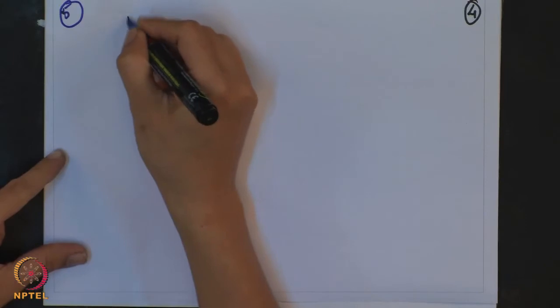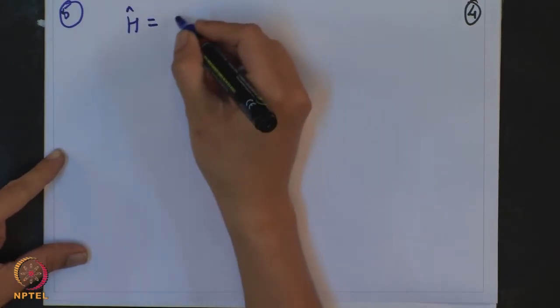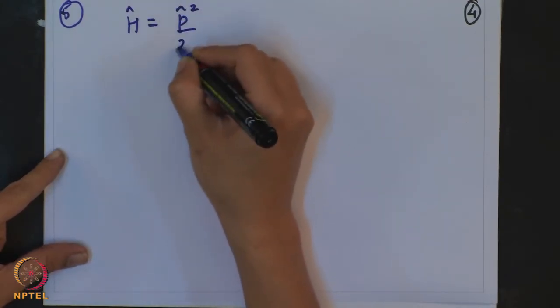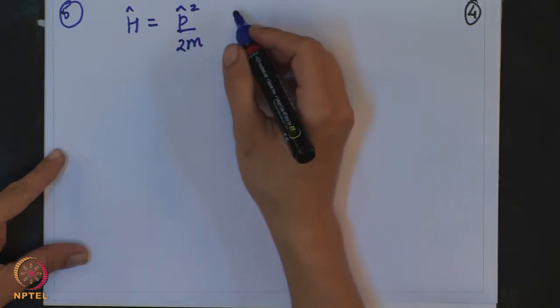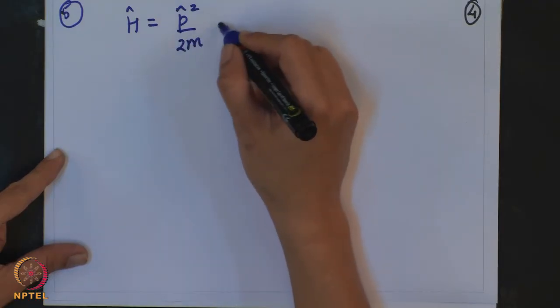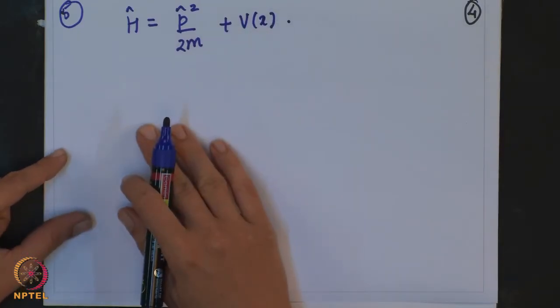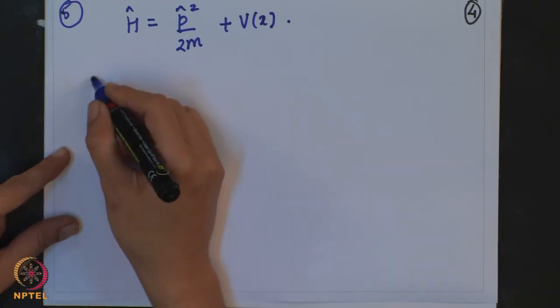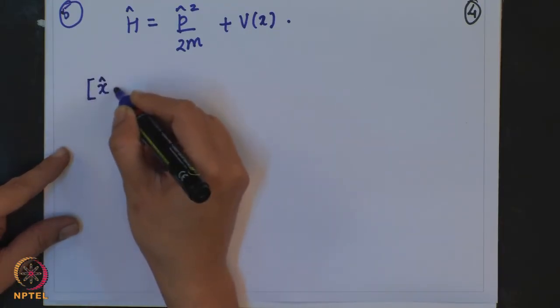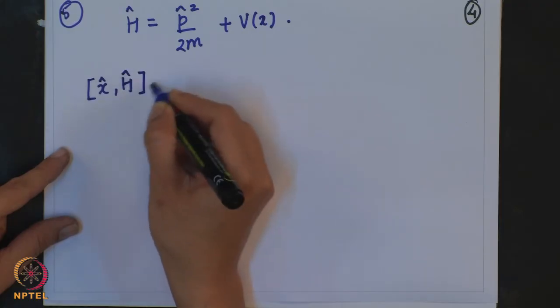So, the Hamiltonian operator is given to you as p²/2m plus V of x. This is the same Hamiltonian which we had in the previous example. We have already calculated the commutator of H and x.